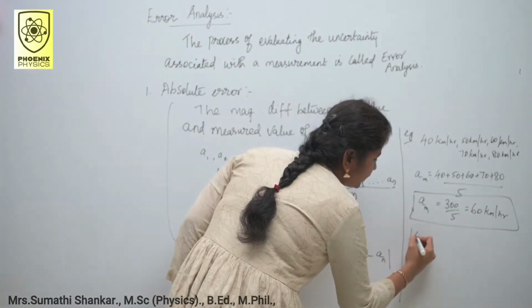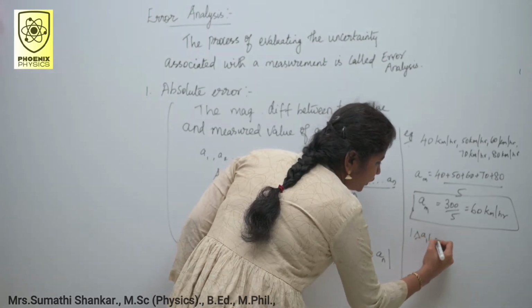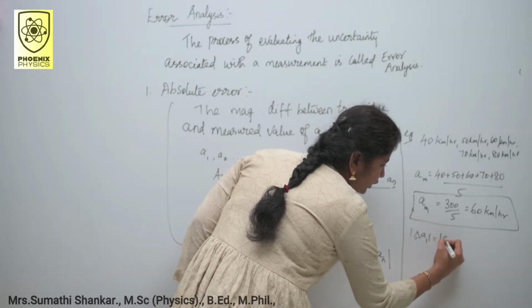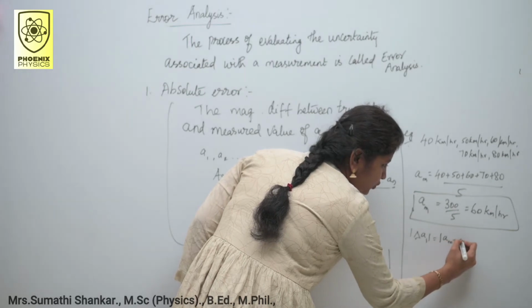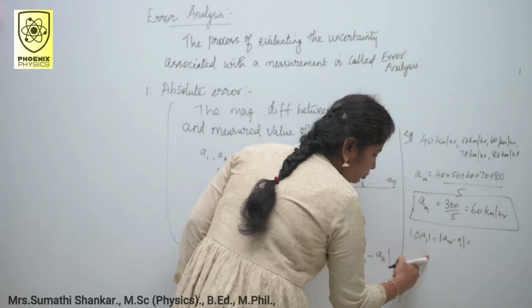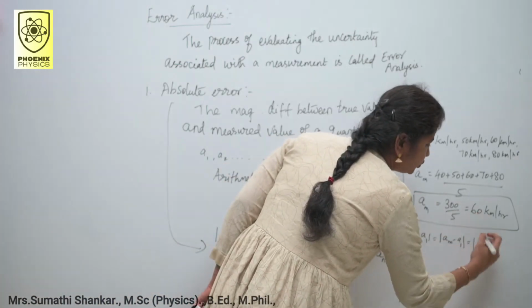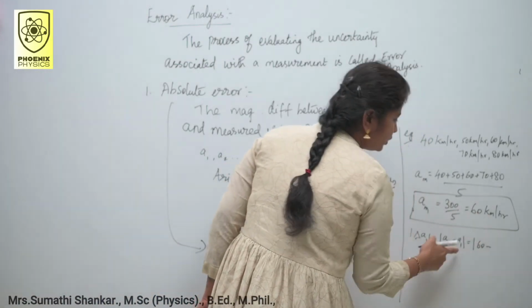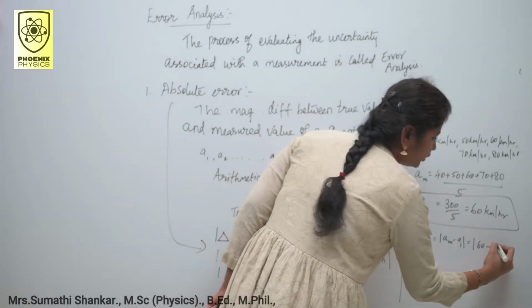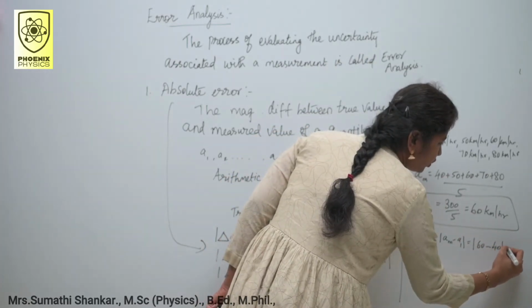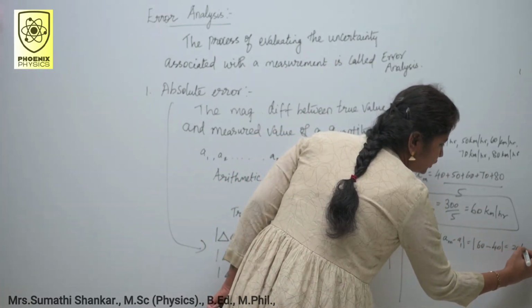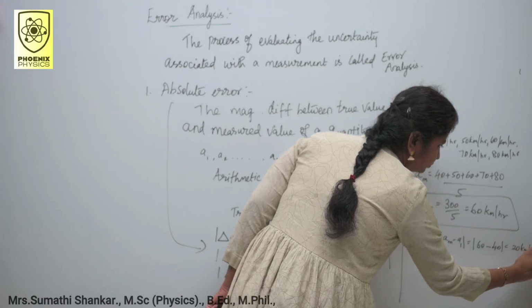First one is delta A1 is equal to modulus of AM minus A1. Okay, this is our formula. Here our true value is 60 minus, what is my A1 value? 40. So 60 minus 40, you can get 20 kilometer per hour.